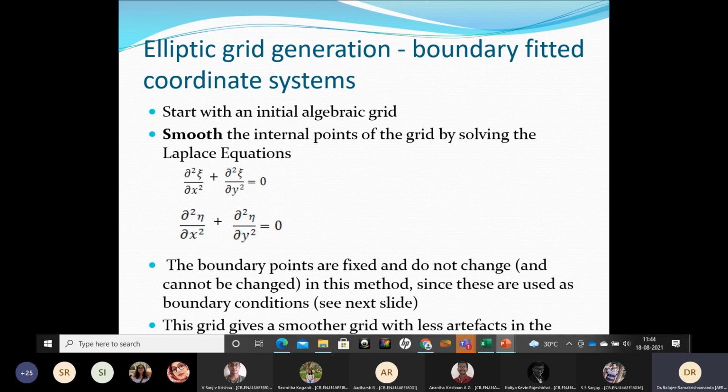So many functions may satisfy this. That is ∂²z/∂x² + ∂²z/∂y² = 0 is one equation. Now we impose the condition that eta also should satisfy the same condition: ∂²η/∂x² + ∂²η/∂y² = 0.